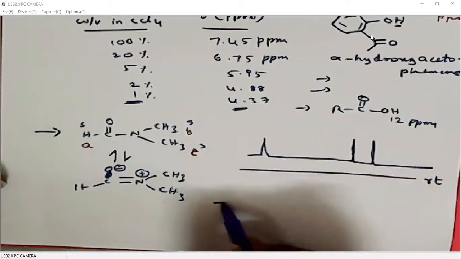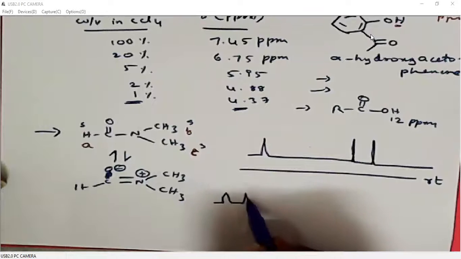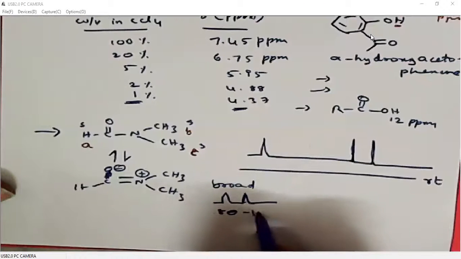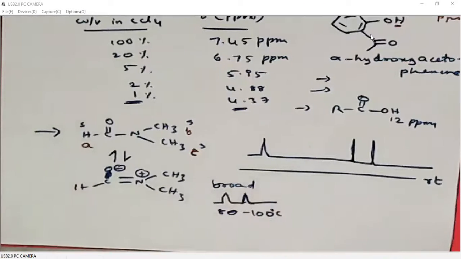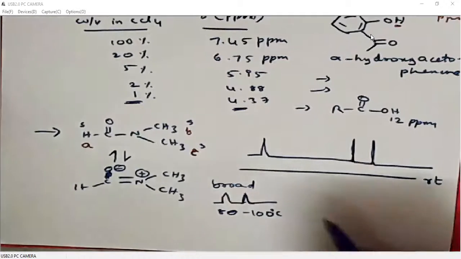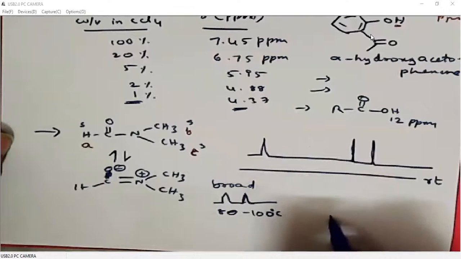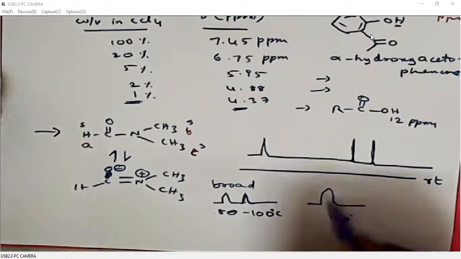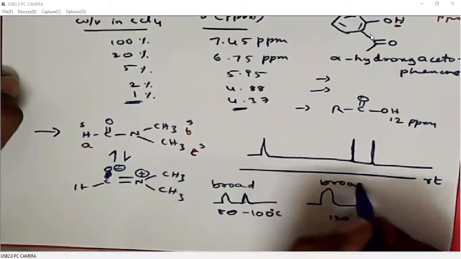The amide signals become a little bit broader. This is at 80 to 100 degrees centigrade. Now, if we increase the temperature further, say for example 120 degrees, they will merge together and give a broad singlet.